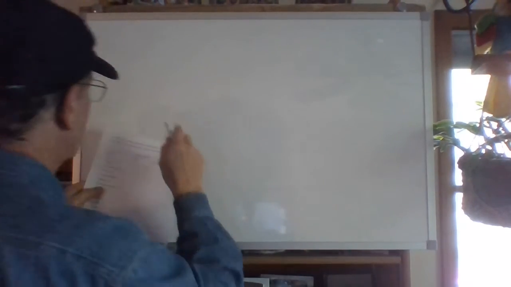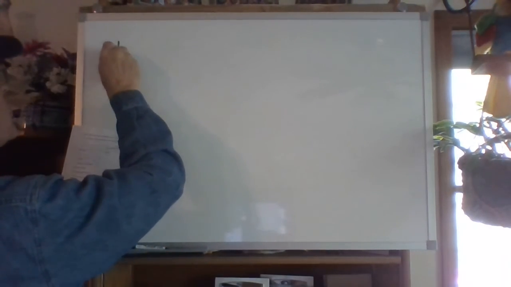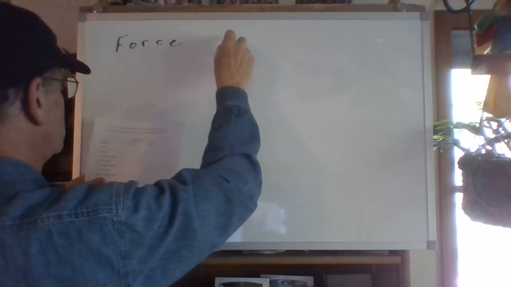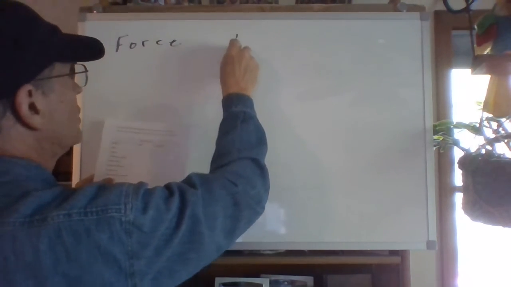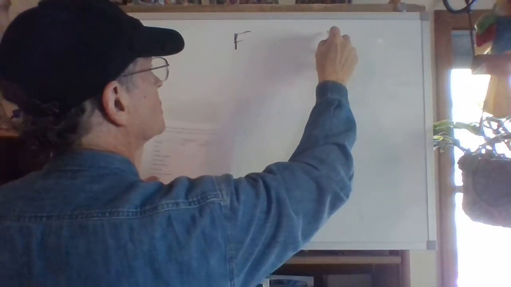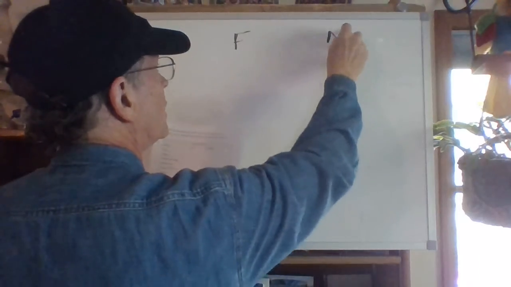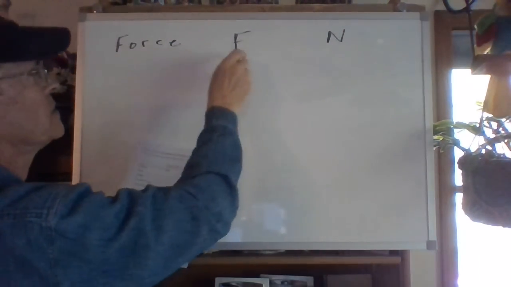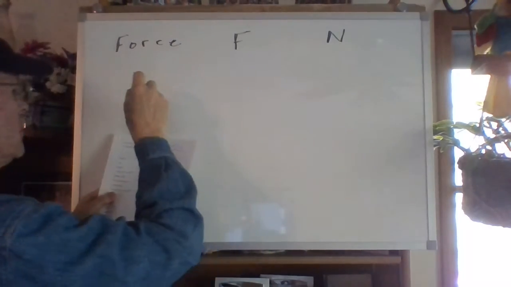Okay, some terms. What's the term for force? Of course, the symbol is F. The unit label is newtons. Sorry, I was thinking ahead. Force, F, newtons, the unit label.